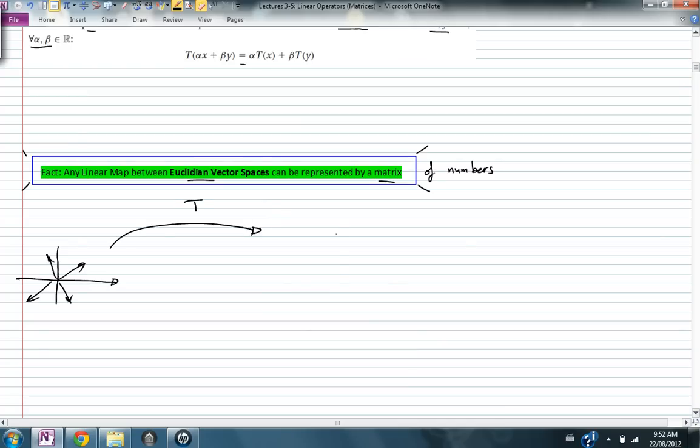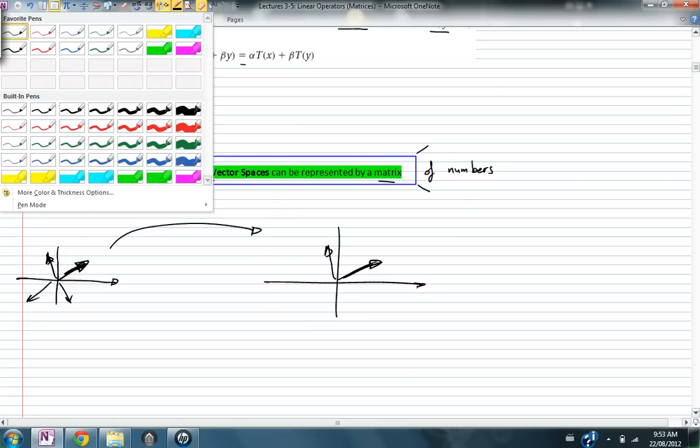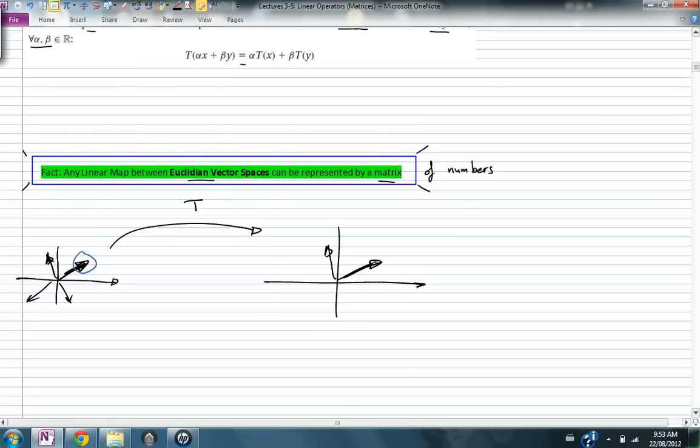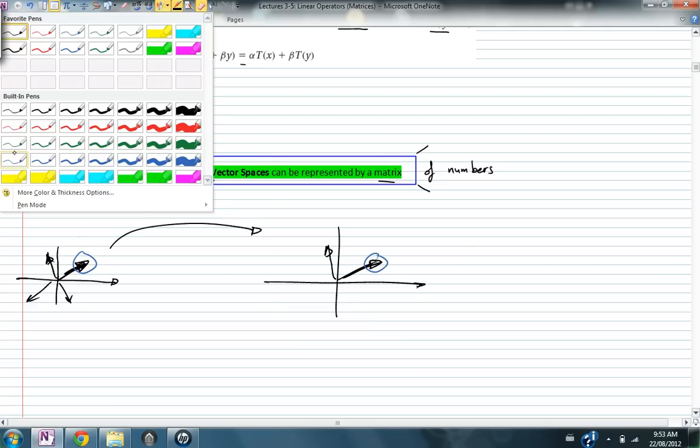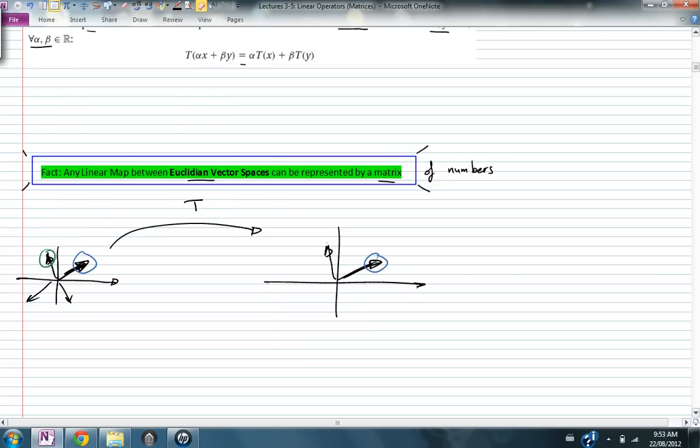Let's call this a linear function T. If this vector is transformed to this vector, and if this other vector is transformed, for example, to this vector, let's add a little bit of color: the blue goes to the blue, and the green is transformed to the green.